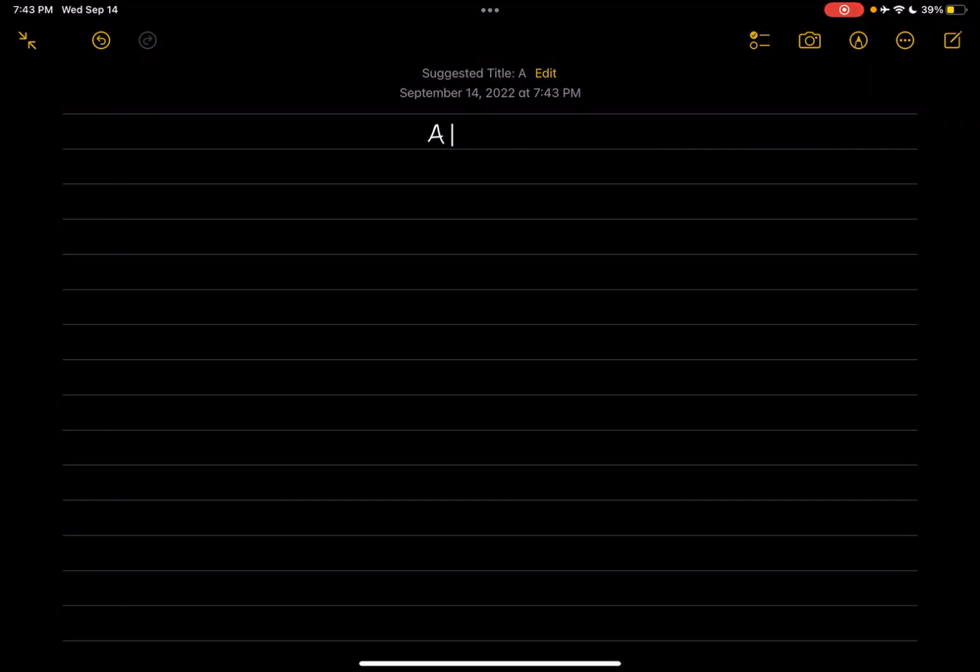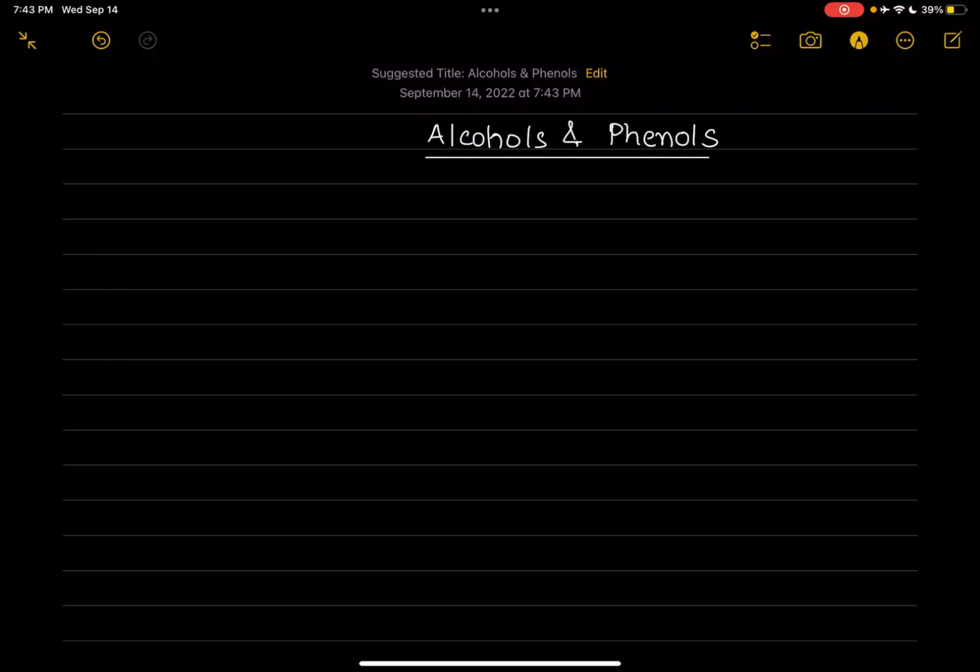They are the same. Alcohols, phenols, and ethers.